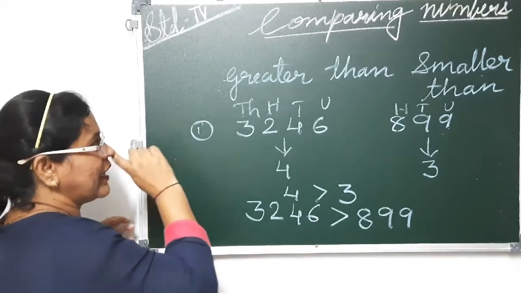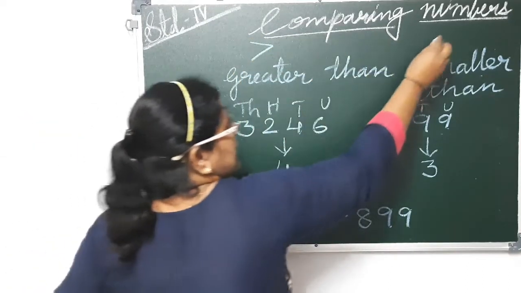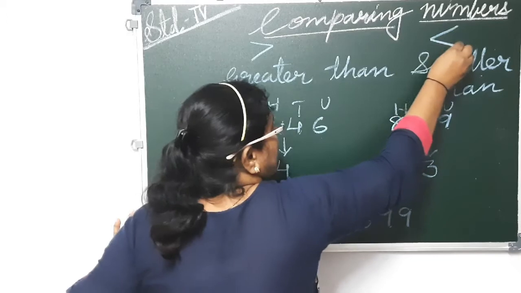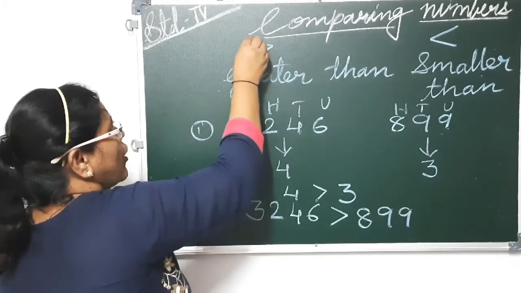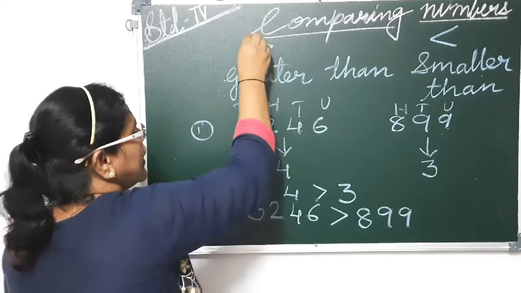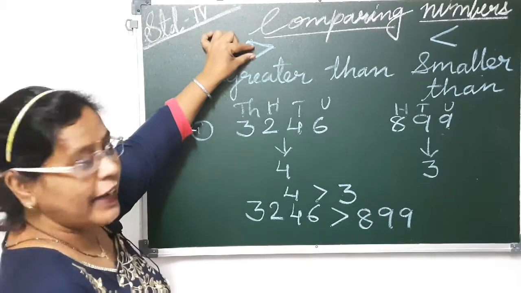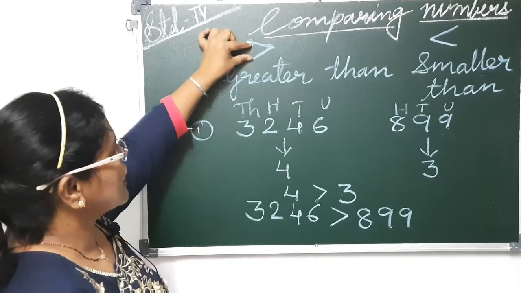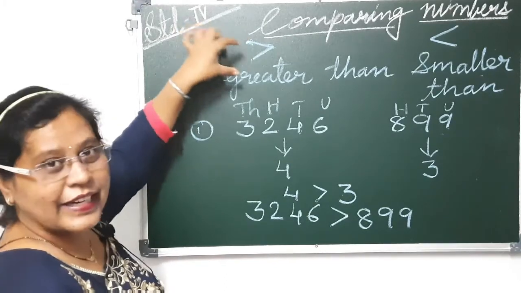Many of the students get confused between the sign of greater and the sign of smaller. How to remember this? Now see here, these are the 2 points. Here 1 point, like this. So always remember the open end. This is the open space of this sign, which is wider, means this side is the greater sign.